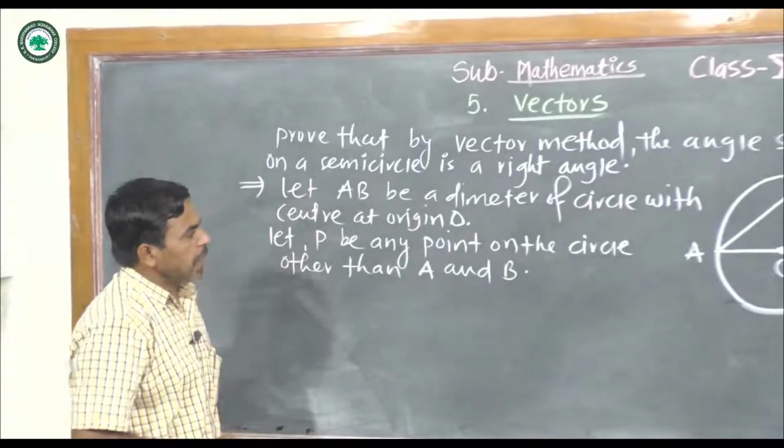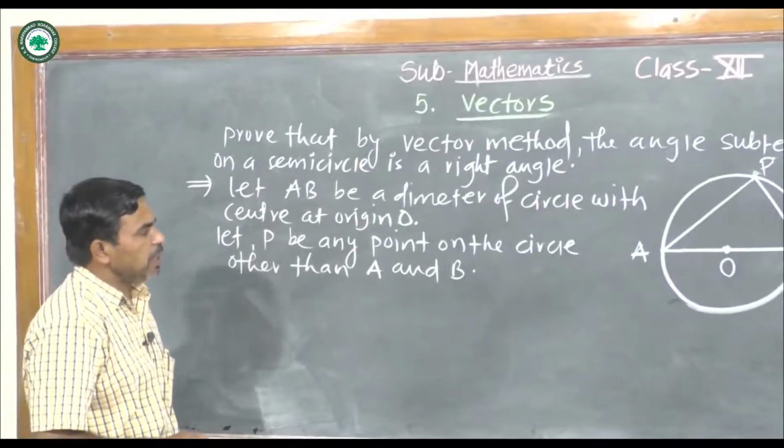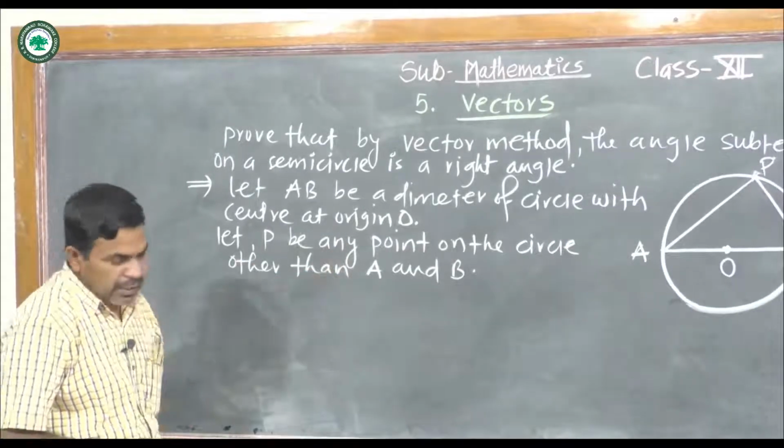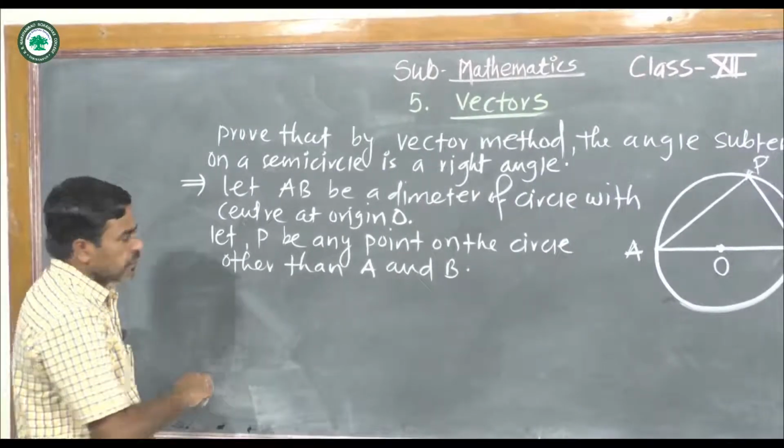If we join AP and BP, then the angle APB lies in a semicircle.